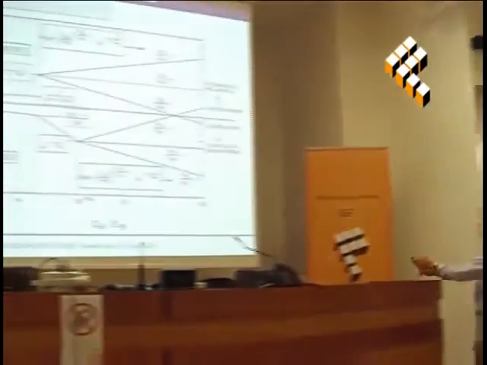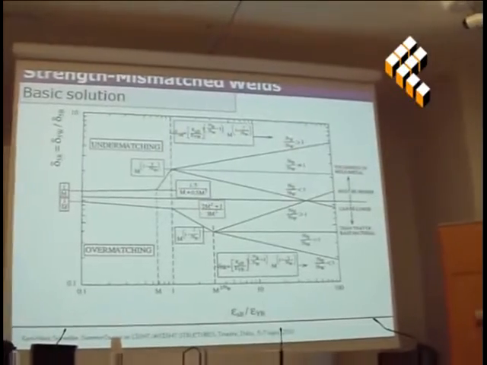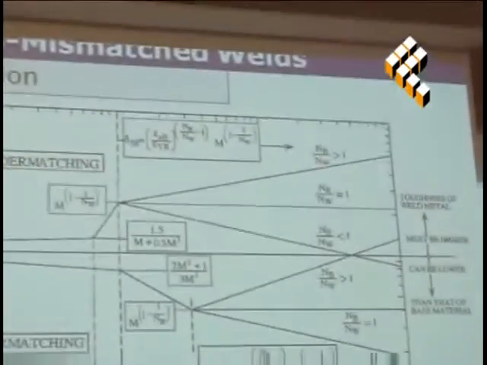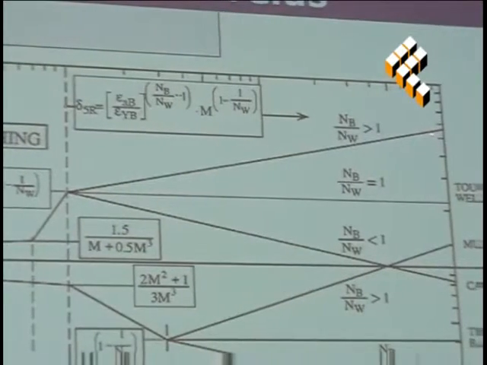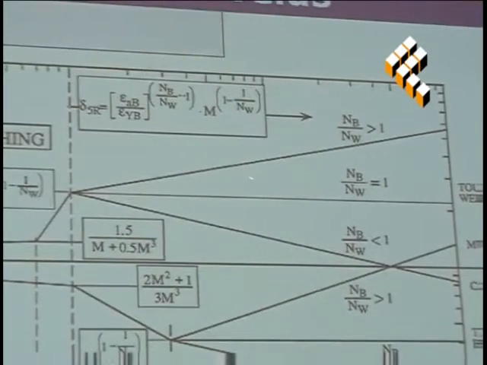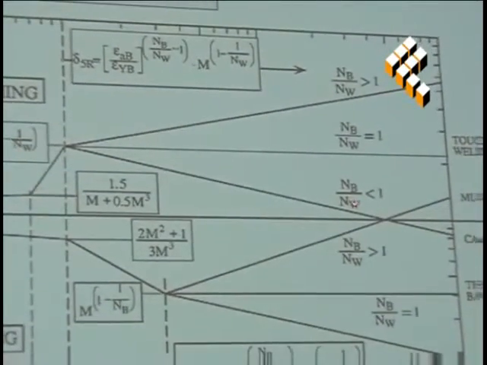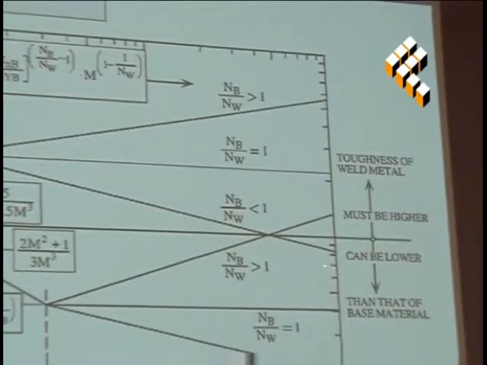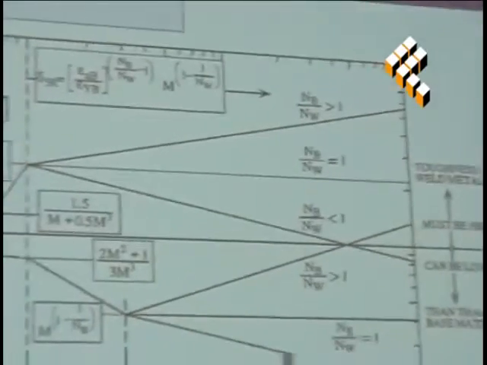model. So, if the base plate hardens stronger than the weld metal, then the mismatch becomes even greater here. And if the weld metal hardens stronger, then undermatch can even turn over to overmatch, depending on the amount of strain.